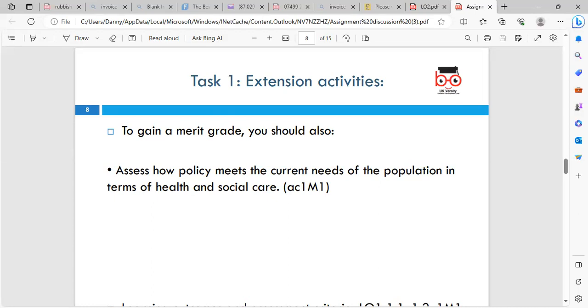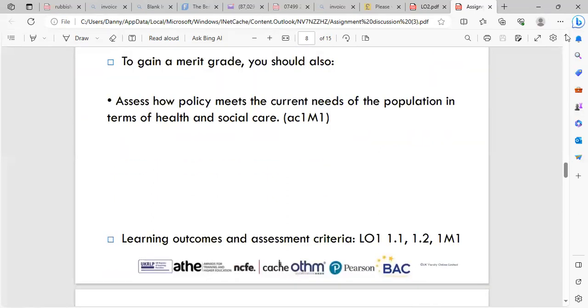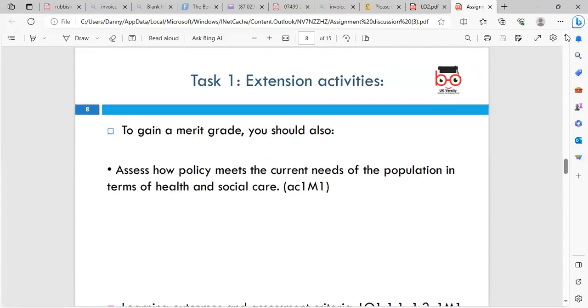So I would expect you to put in a few things in there just to push your marks a bit higher. But if you want to get a merit grade, then we expect you to be able to assess how the policy meets the current needs of the population in terms of health and social care.